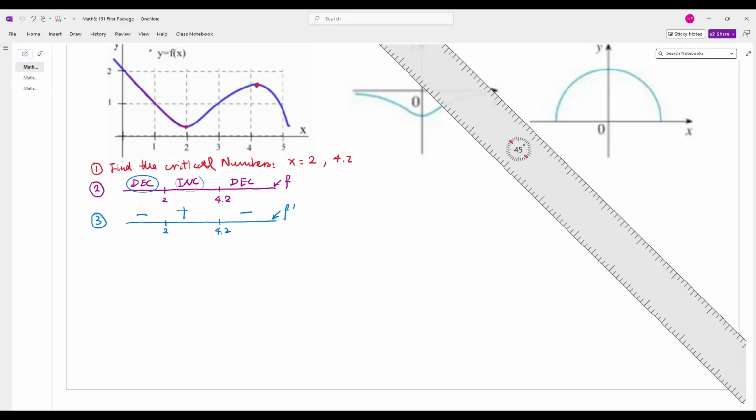Okay. Now, when I try to graph the f prime function, it tells me that this interval is below the x-axis. Between 2 and 4.2 is above the x-axis. And after 4.2 is below the x-axis. Okay.